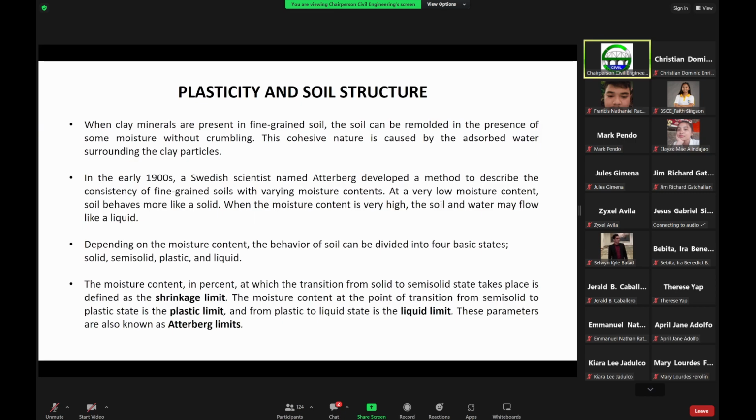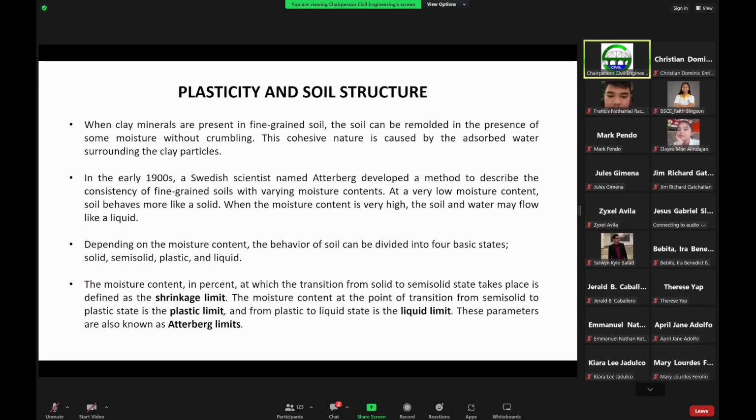So, clay minerals. I think last time we discussed clay minerals. If you try to recall, there are many clay minerals, but as far as my experience is concerned, the most common are the illite clay, the kaolinite clay, and the montmorillonite clay minerals.